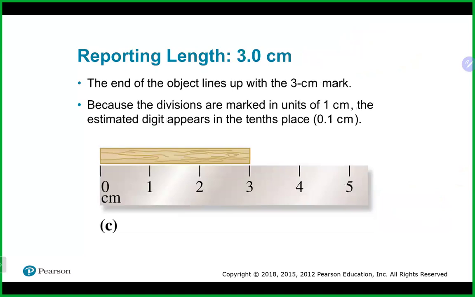All right, so this one is like we talked about. Once again, if we look at this scale, we have the same situation. Our large markings are 1 centimeter. There are really no small markings, so the small markings are the same 1 centimeter. And once again, we're exactly at 3.